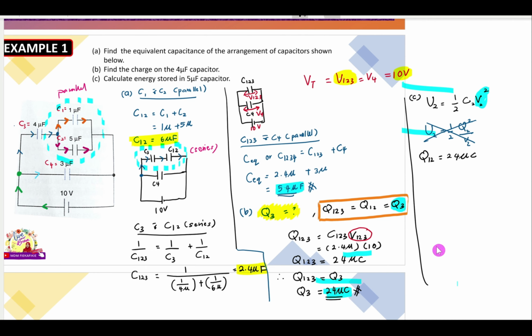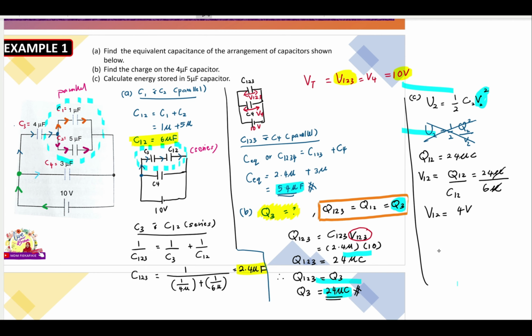So saya dah boleh cari V12 is equal to Q12 over C12. Q12 24 micro, C12 kita dah kira tadi 6 micro. So kita akan dapat V12 is equal to 4 volt.